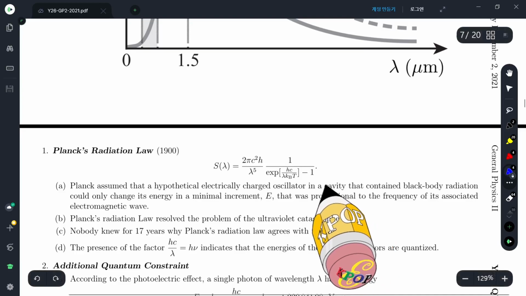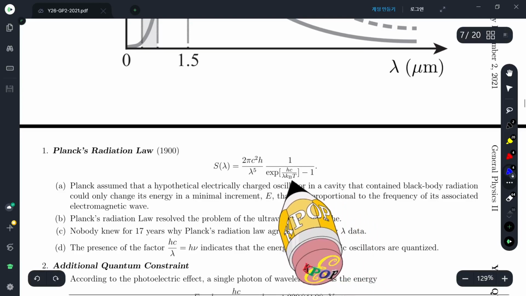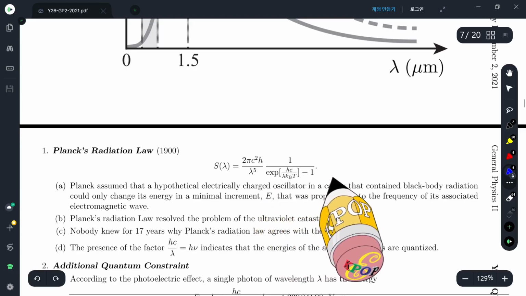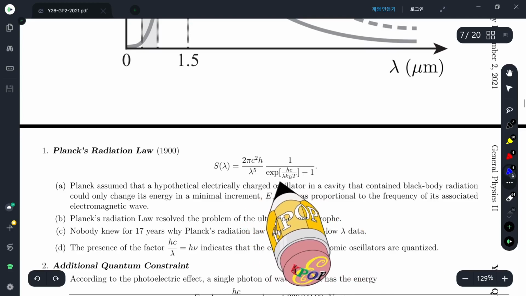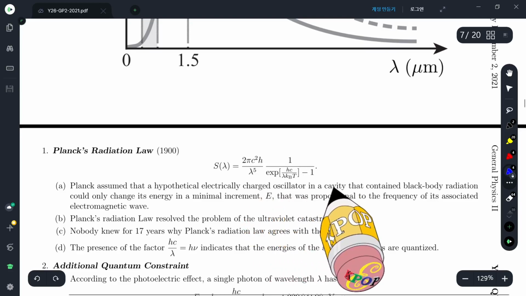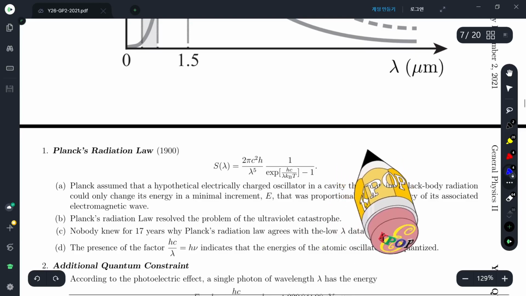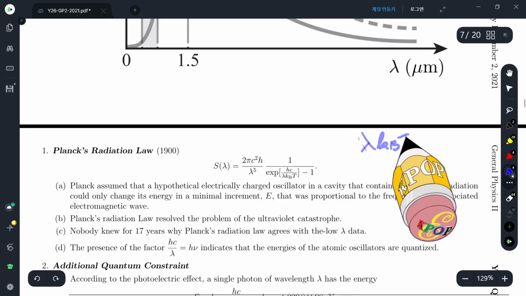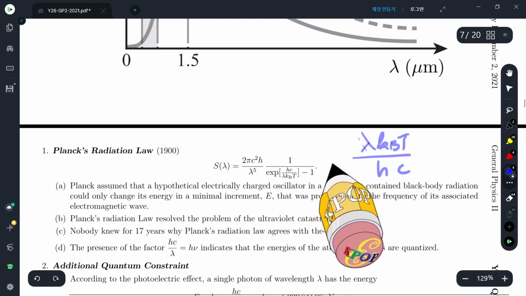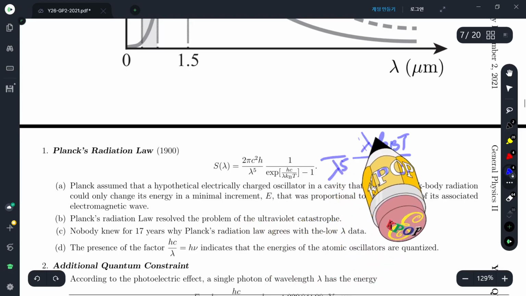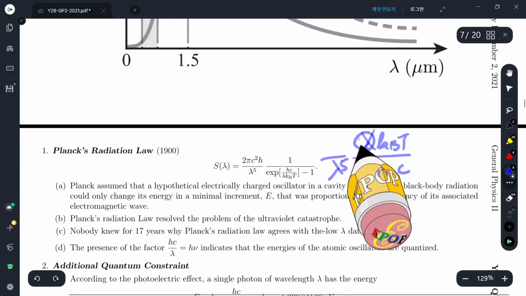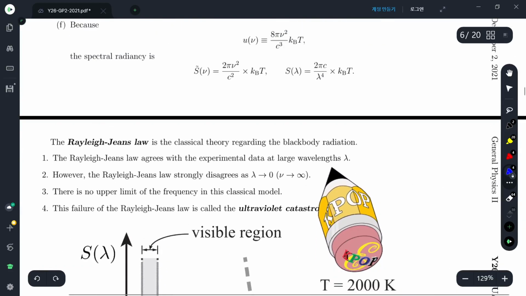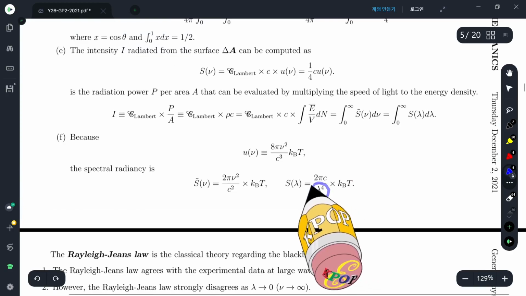For example, if lambda is very large, then this can be expanded in a Taylor series, and we can find this. This is just lambda kBT over hc, and we have lambda to the fifth power in the denominator, and one lambda cancels to reach lambda to the fourth in the denominator. Lambda to the fourth in the denominator is reproduced.